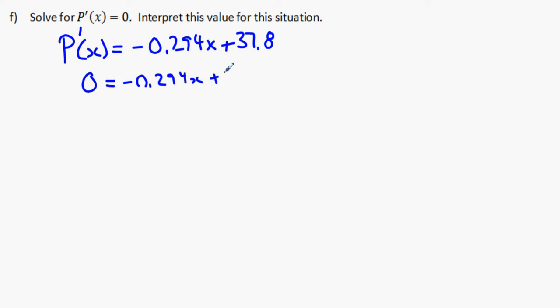I solve for x, and when I solve for x, I get x is approximately 129. We have to keep it as a whole number because these are products, so round to a whole number.